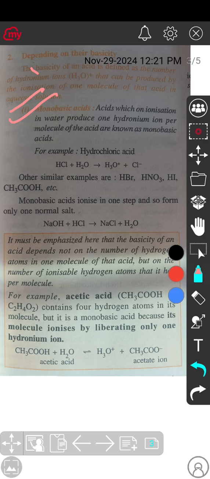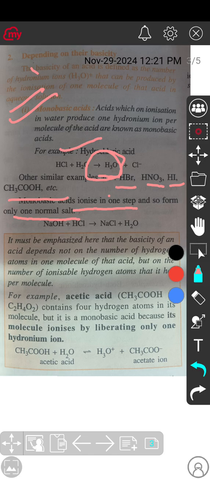There are three types. Monobasic acid: from the word mono, we can conclude that on ionization it produces only one hydronium ion. For example, hydrochloric acid: HCl plus H2O gives H3O+ and Cl-. A hydronium ion is produced. Other examples are HBr, HNO3, HI, CH3COOH. They ionize in one step and produce only one normal salt. It's very important.